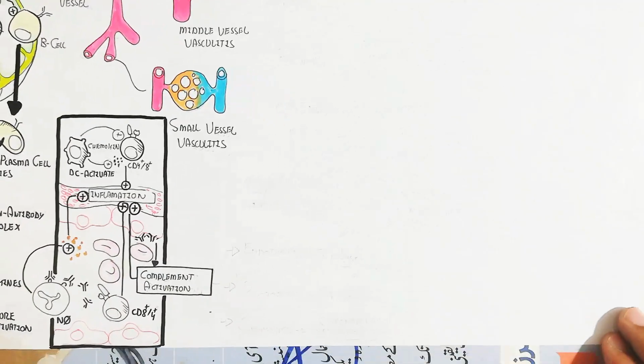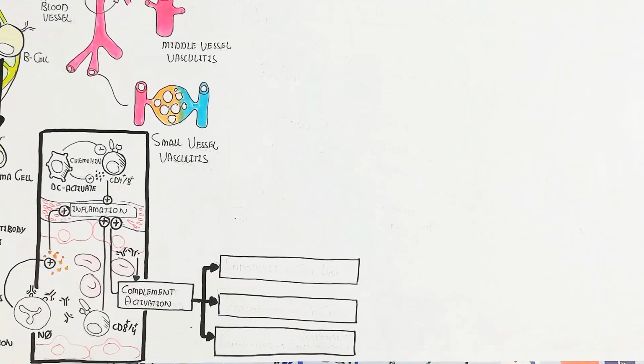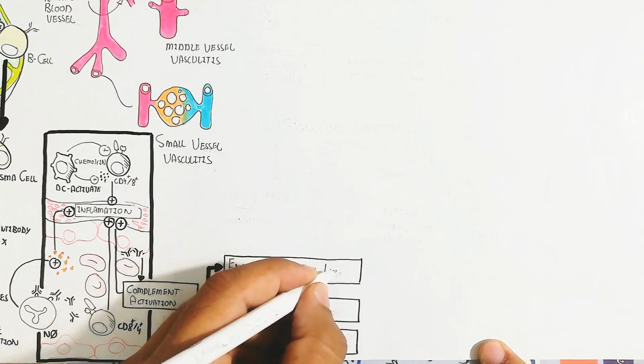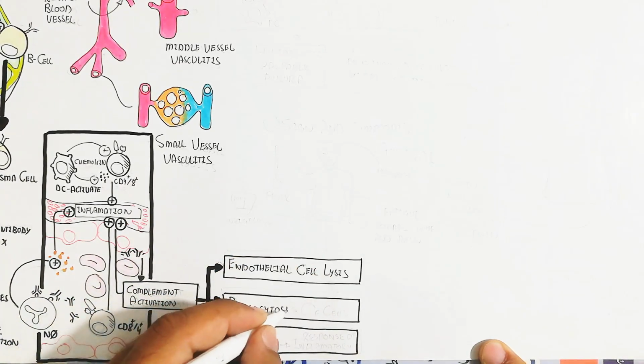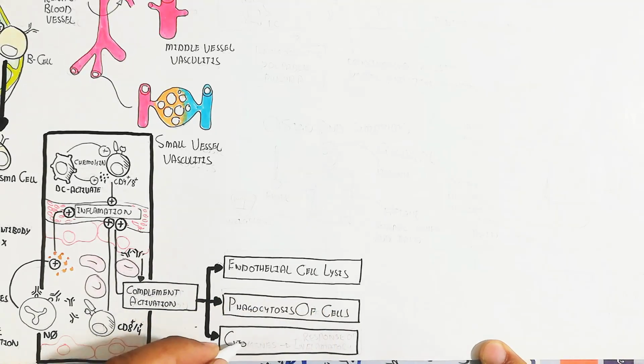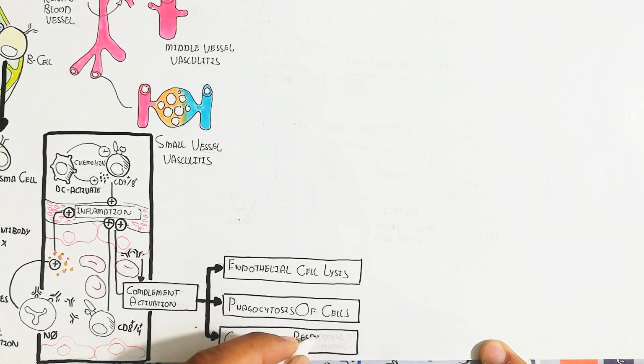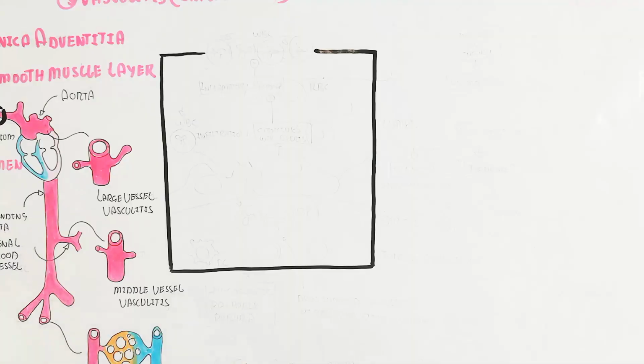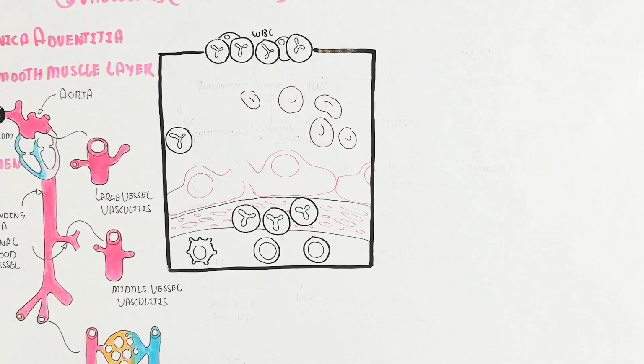Complement activation is also for opsonization of the endothelium, and it will lead to endothelial cell lysis as well as phagocytosis of cells. Phagocytosis of the cell is due to the macrophage involved. The cytokines produced will lead to an inflammatory response.